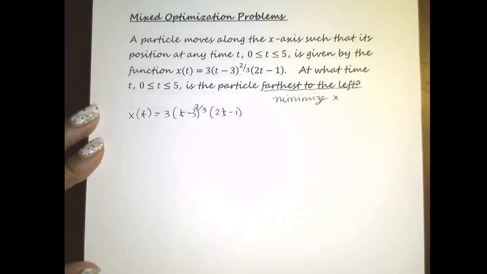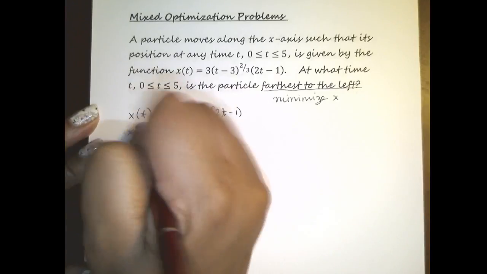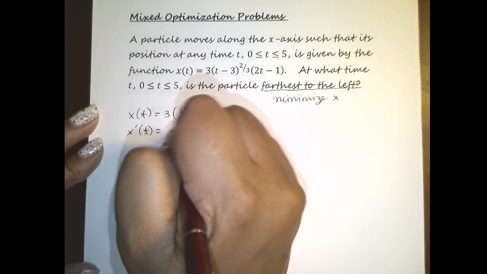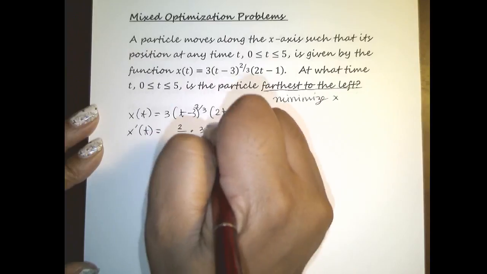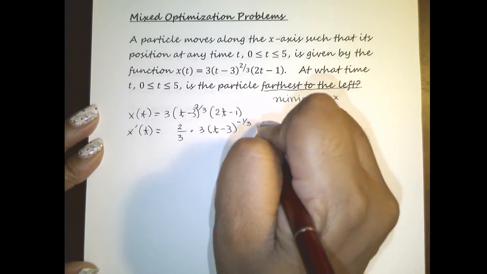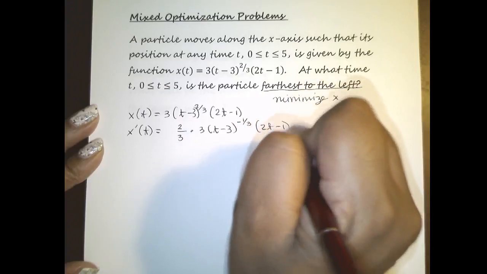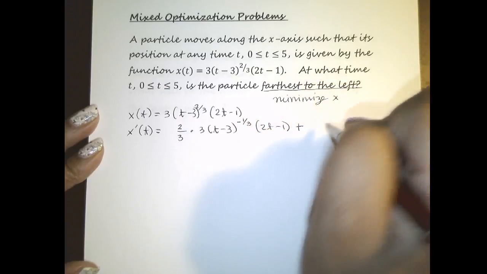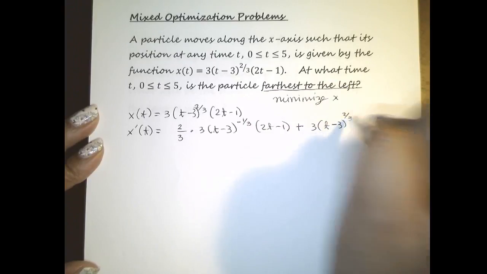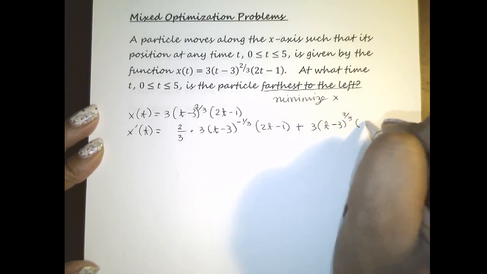First, let's take the derivative. I'm going to use the product rule here. x prime of t is equal to 2/3 times 3 times (t minus 3) to the minus 1/3 times (2t minus 1). That's the derivative of the first times the second, plus 3 times (t minus 3) to the 2/3 power times 2.